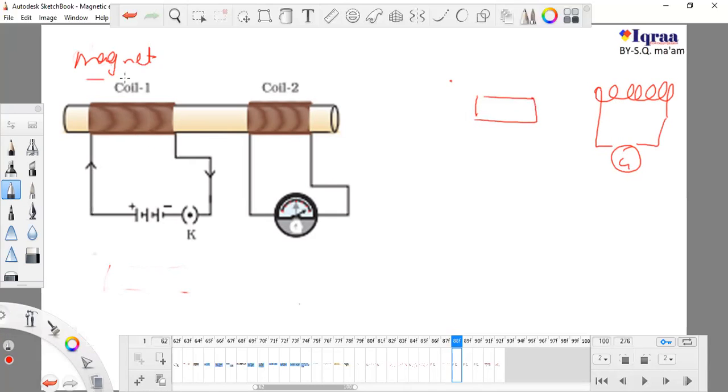So if I move this coil near to it, or if I move this apart, I can do the same thing with this. Either I move this close to coil 1, or coil 1, but definitely it is a magnet.